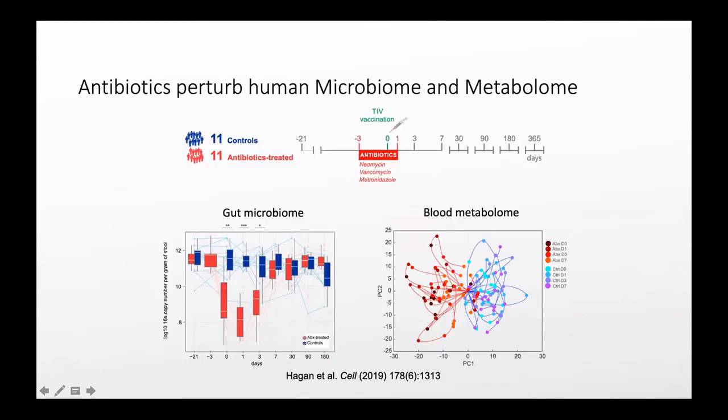So this is the same example Bali mentioned briefly during his keynote talk. I just want to point out that the blood metabolome actually mirrored the disturbance of the gut microbiome after antibiotic administration very nicely. Again, the red ones are people that received antibiotics.